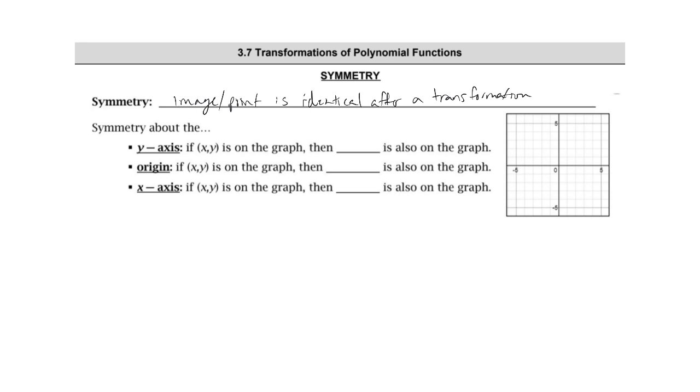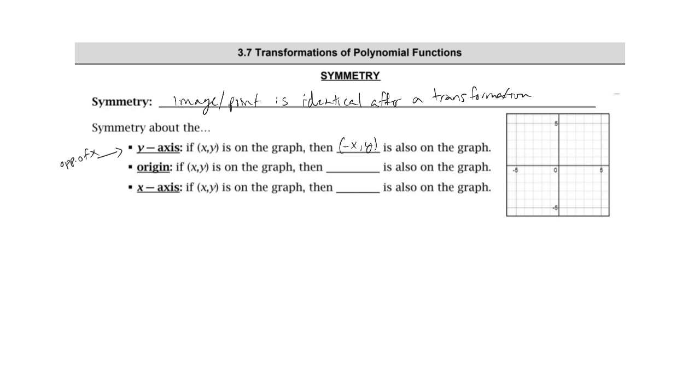Okay, so symmetry about the y-axis. Whenever you do a reflection over the y-axis, it's the opposite of x. So if (x, y) is on the graph, then (-x, y) is also on the graph if it's symmetric.